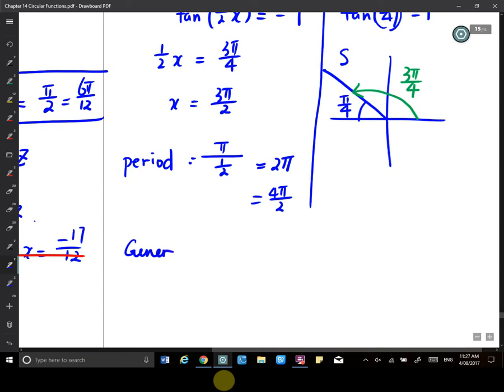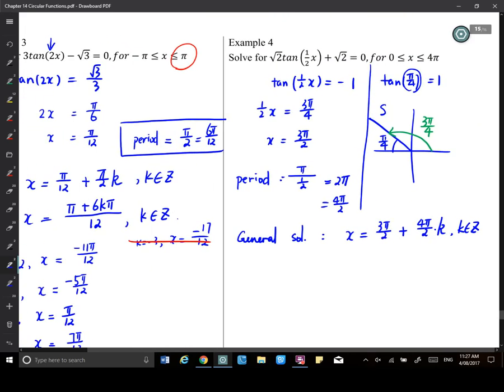So I can have my general solution as x equals 3 pi on 2 plus 4 pi over 2 times k, where k belongs to Z.